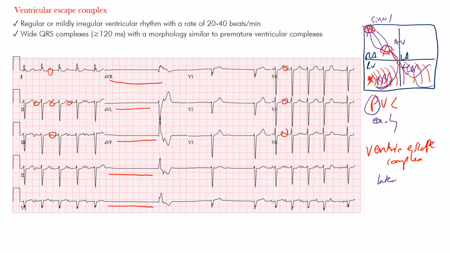Just like our premature junctional complexes versus our junctional escape beats, okay? So that's the difference. They tend to have a similar morphology, okay? So both have that similar morphology. It obviously depends on where in the heart it's coming from, or in the ventricles.